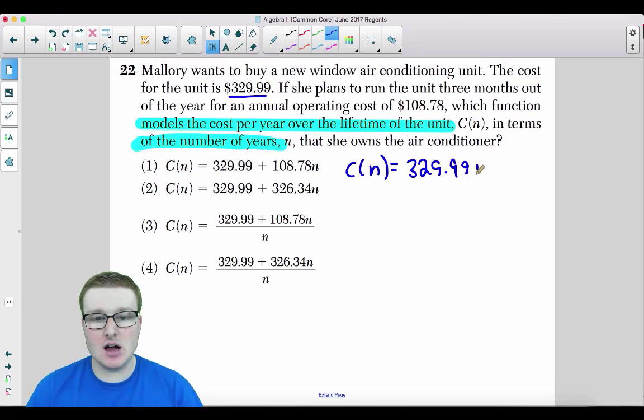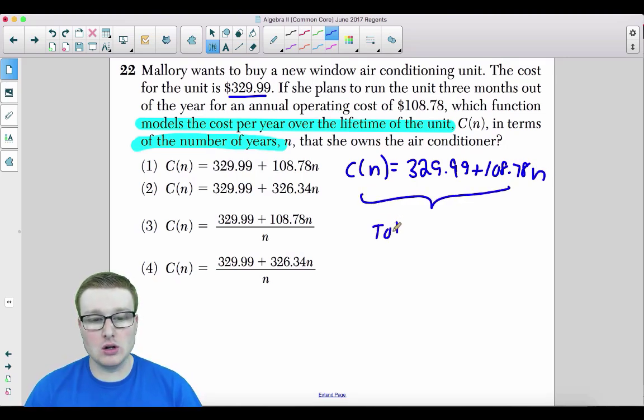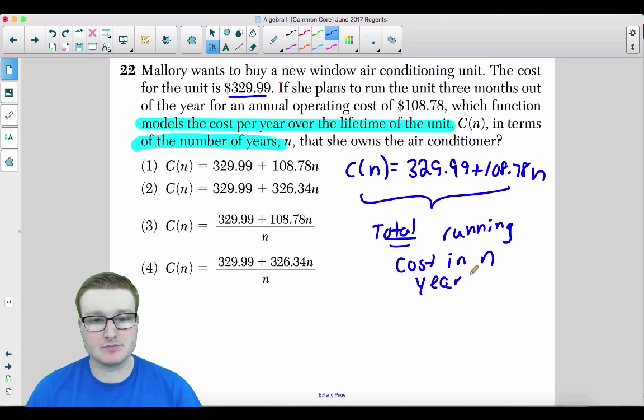And she's adding on the $108.78 per year. Ladies and gentlemen, this is the total running cost in N years. But that's not what the question is saying. The question is saying, C of N in terms of the number of years.